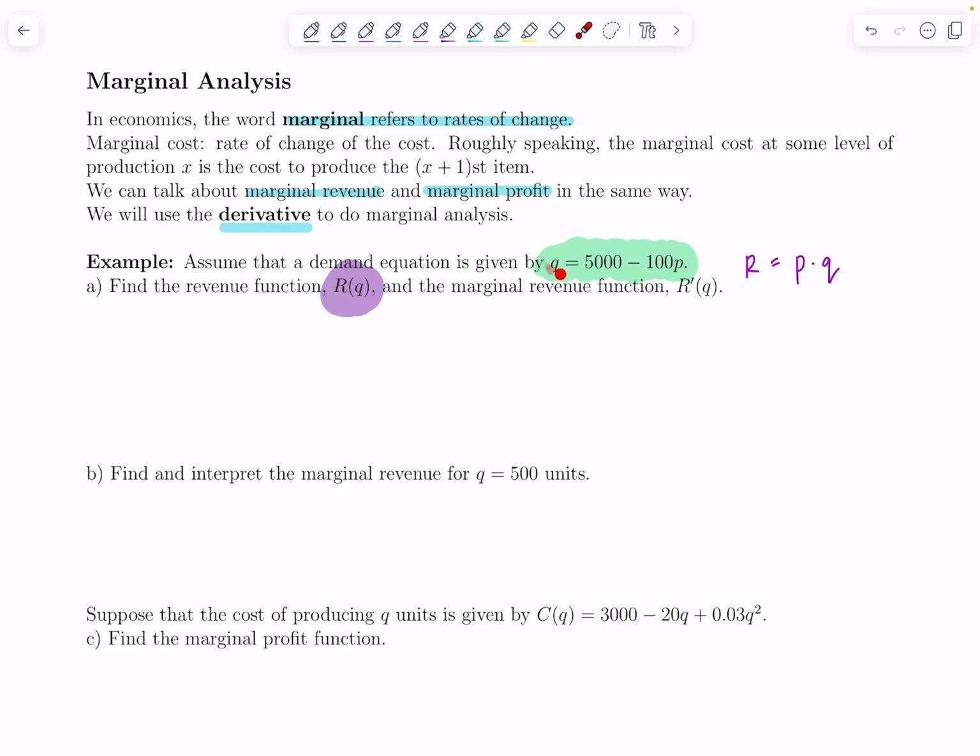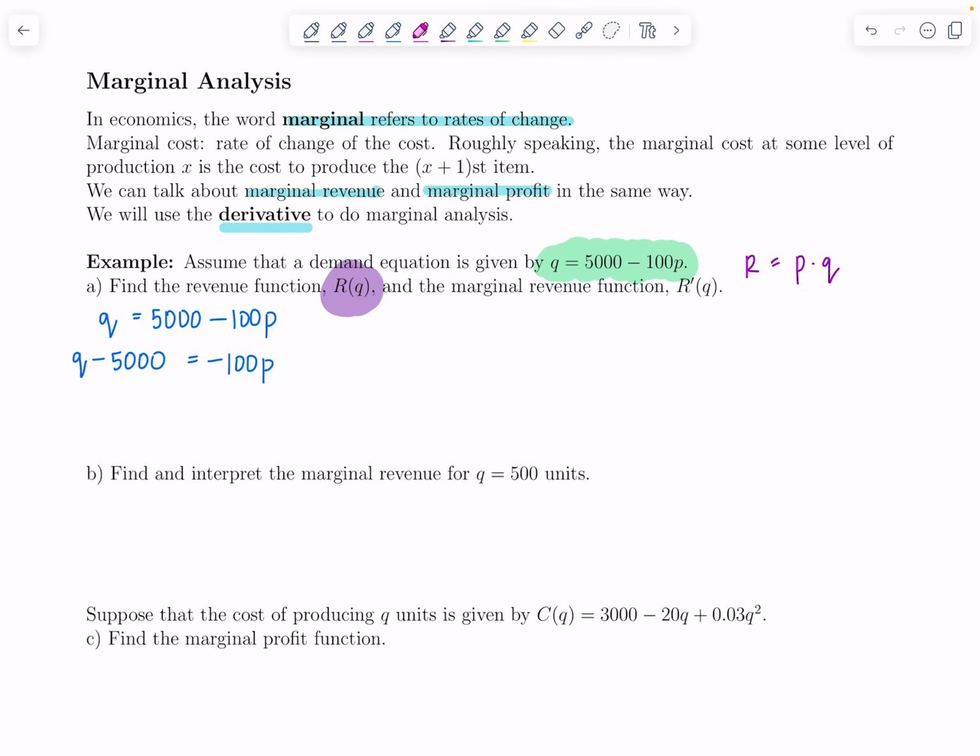We're going to take this demand equation and solve for P. I'm going to get P by itself. So Q equals 5,000 minus 100p. Move the 5,000 over. Q minus 5,000 equals negative 100p.